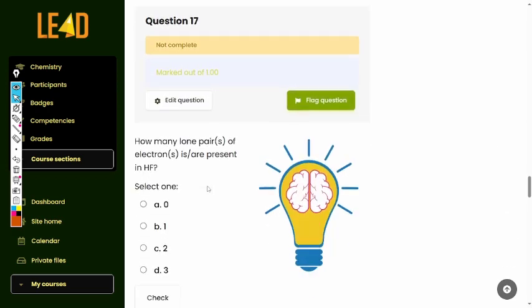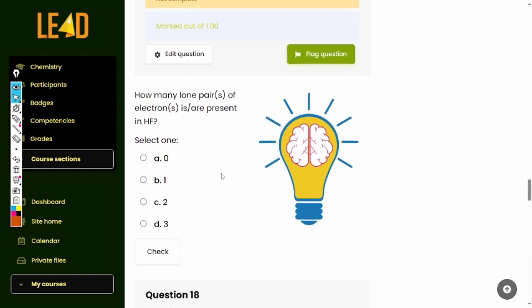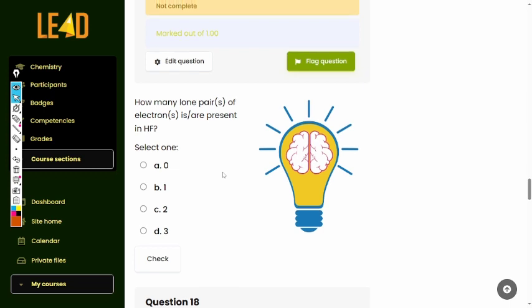Question 17. How many lone pairs of electrons are present in hydrogen fluoride? So let's draw the Lewis structure for hydrogen fluoride. Fluorine belongs to group 7, so that means it has 7 valence electrons. If we draw that, the Lewis structure for fluorine would have 1, 2, 3, 4, 5, 6, and 7.